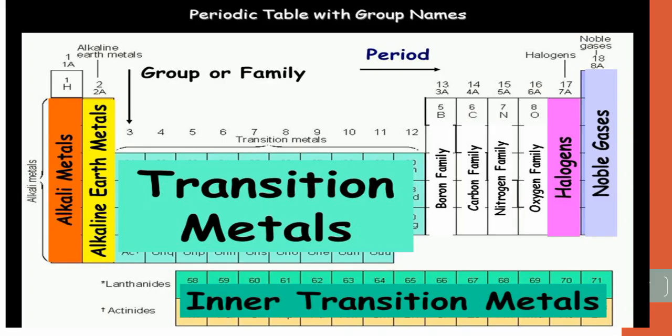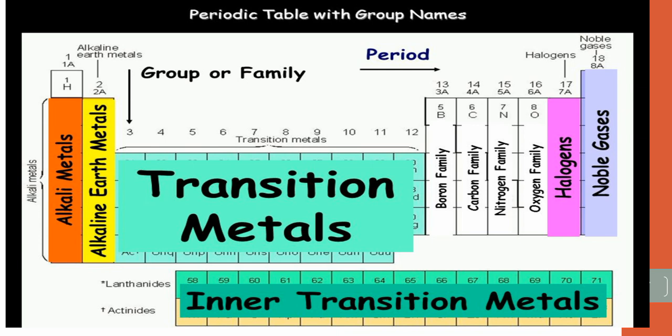Here is a summary about the groups or families in the periodic table. So, the group 1A elements are called alkali metals. Group 2A is the group of alkaline earth metals.